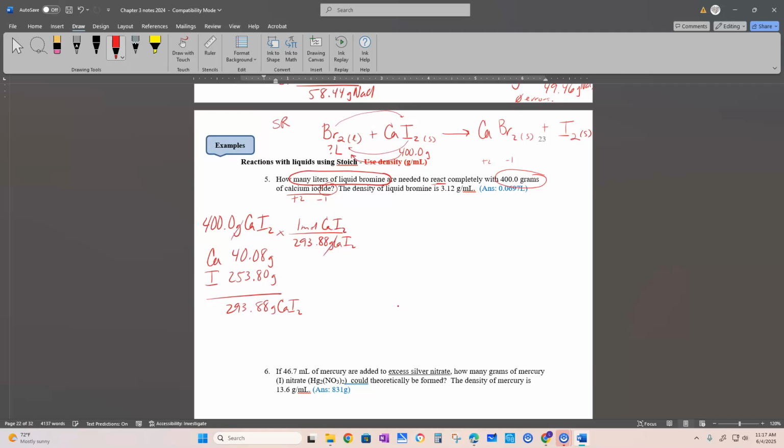Okay, so bye-bye grams. Now we get rid of the chemical. 1 mole of calcium iodide. And on top, I'm trying to get to bromine. 1 mole of Br2. And I'm going to, oops, sorry, not equal sign. I want to get to grams. Now, the reason why I want to get to grams, because look at density is grams per liters.